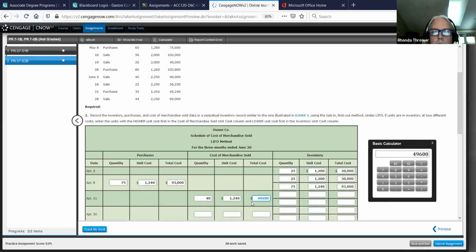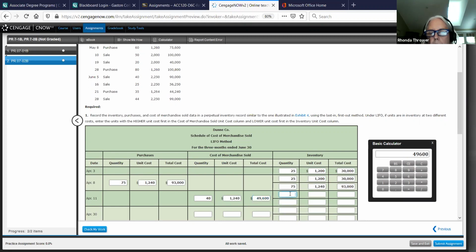You might recall from the last chapter, this amount was always given to you. You remember when you made a sale, they had the cost of merchandise sold written down. Well, in this chapter, you're finding the cost of merchandise sold. They don't necessarily give it to you. And the cost of merchandise sold is going to be based on which method you're using. In this case, we're using the LIFO method. So the last units in are the first that are sold.